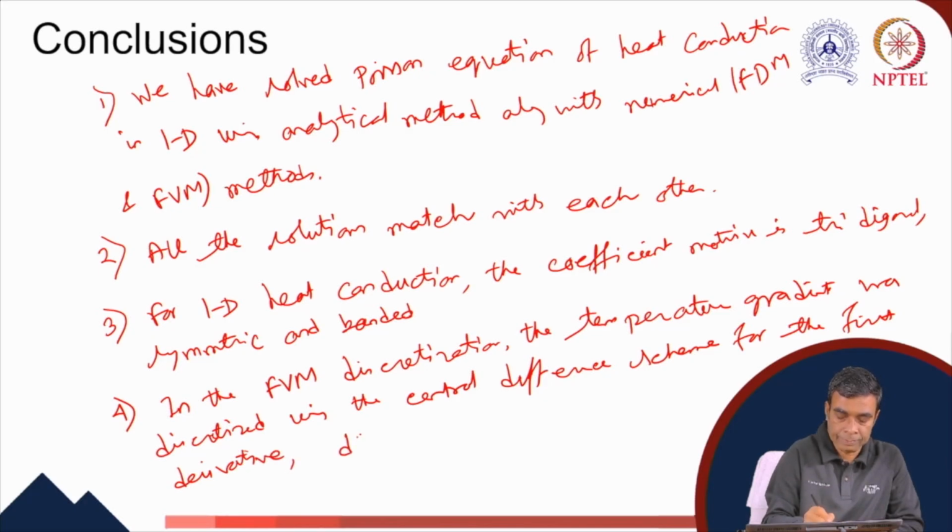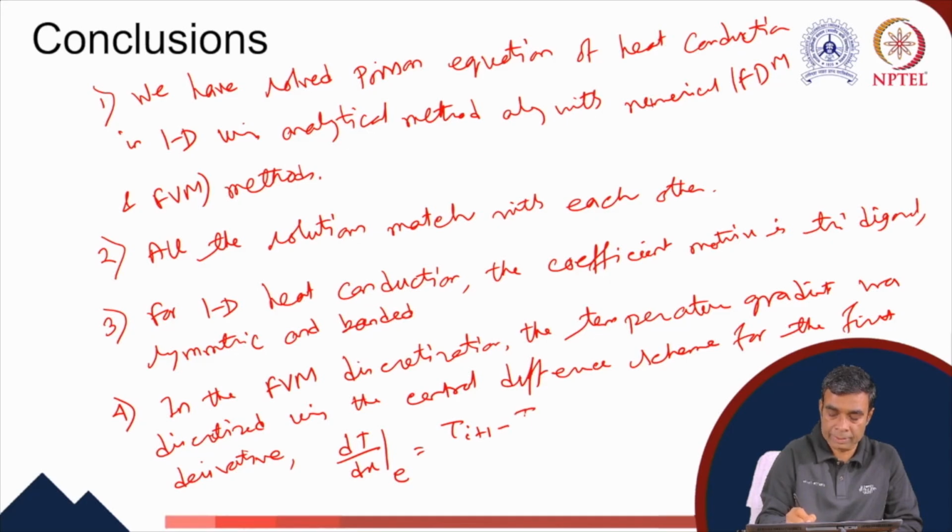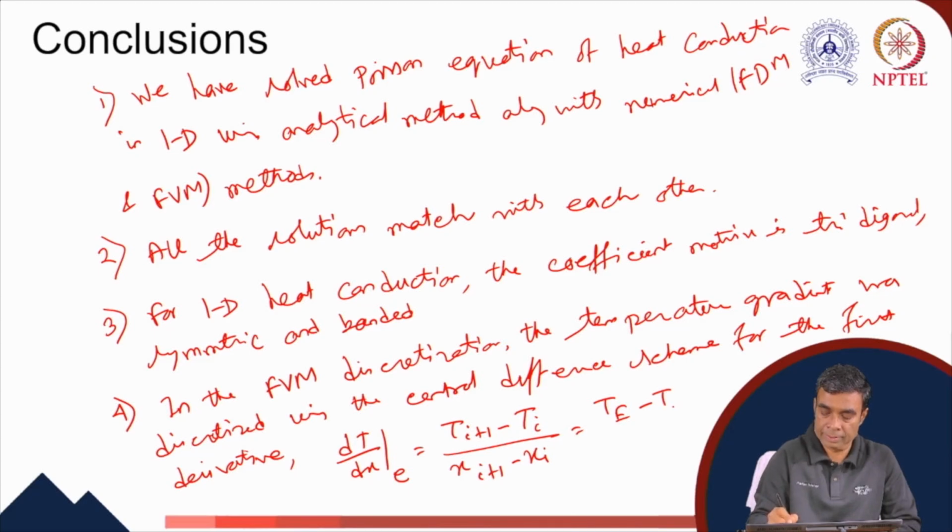It means dT/dx at the east face equals (Ti+1 minus Ti) by (xi+1 minus xi), equals (T east minus Tp) divided by delta x plus order of delta x whole square. So this is the CDS for the first derivative.